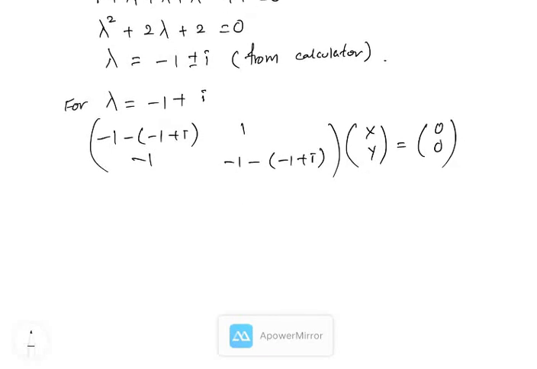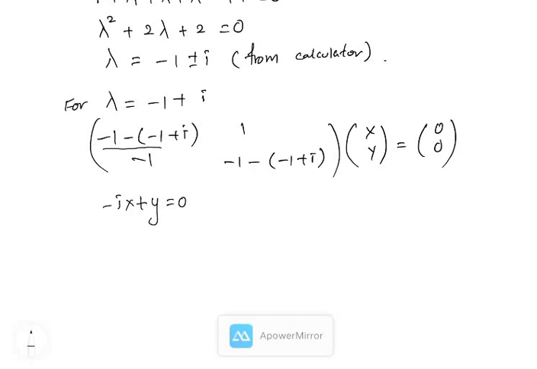So negative 1 plus 1 cancels out, so you get negative i x plus y equals 0.